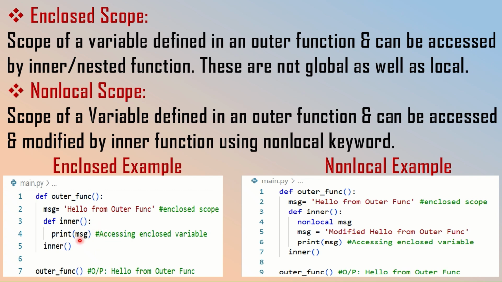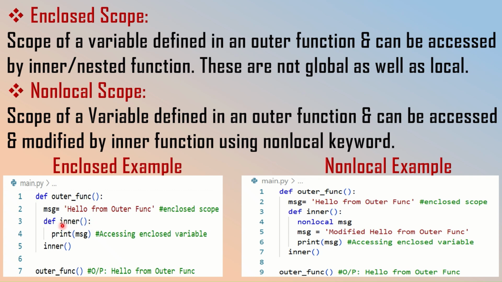This message variable is declared above the nested function, meaning it belongs to the outer function. So this variable is an enclosure scope variable, and I am accessing it inside this nested function. This is nothing but accessing the enclosure variable from the outer function.